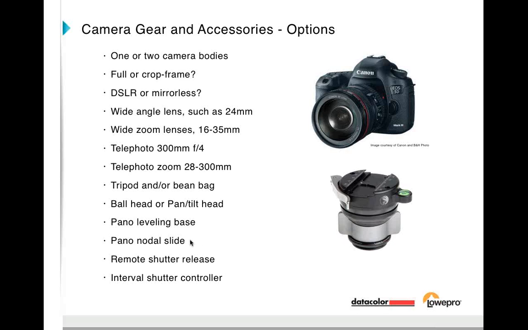If you want more information about this, you can go to places like my blog, davidsaffer.wordpress.com, or you can go to the Really Right Stuff website or a number of other websites, and you can see videos and written articles about this. Again, a remote shutter release or an interval shutter controller are your friends.